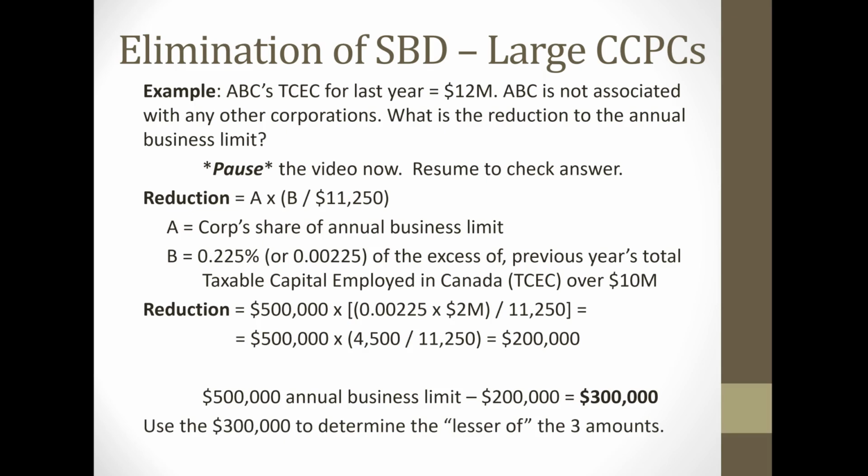And we would then use that 300,000 to determine the lesser of the three amounts available for the small business deduction. Now remember, the lesser of the three amounts, the first amount was the active business income, the second amount was the taxable income minus the adjustments for foreign taxes, and then the third amount in this example would be the 300,000.